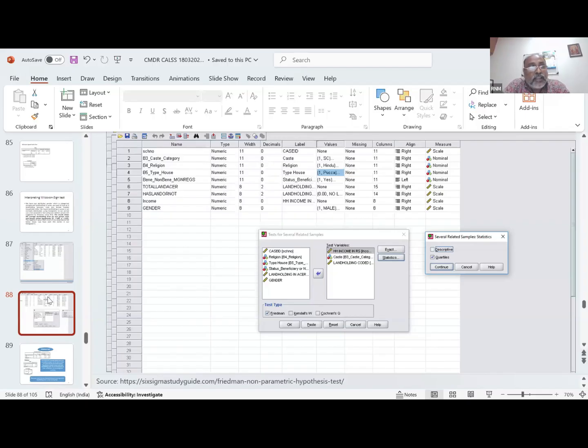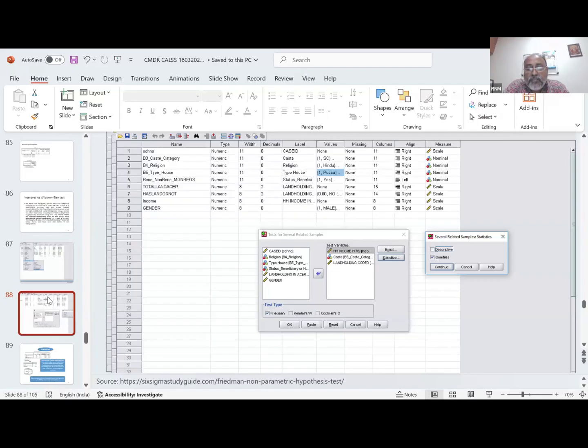Analysis of variance again demands that your variables should be normally distributed. Now, if the distribution is not normal, how do we judge the variance in the distribution? So there is a way out.